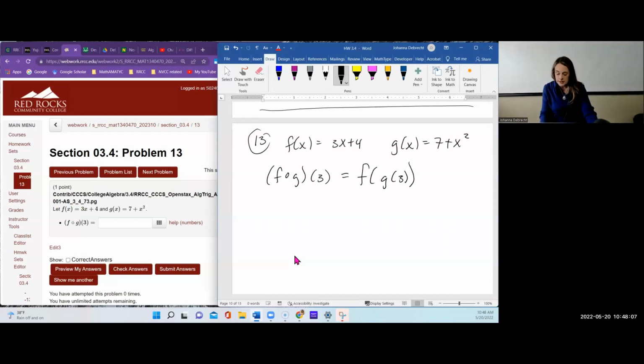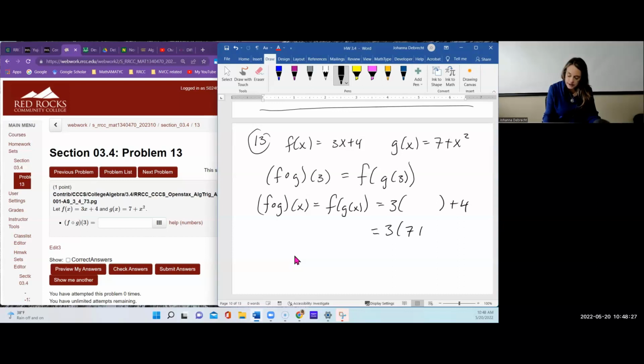We have two choices. First, we could find the composed function f of g of x. When we do that, we write the f function, leaving an empty hole for the variable, and we substitute the other function in place of that hole. Then we distribute the 3 over each of the terms inside to get 21 plus 3x squared plus 4.